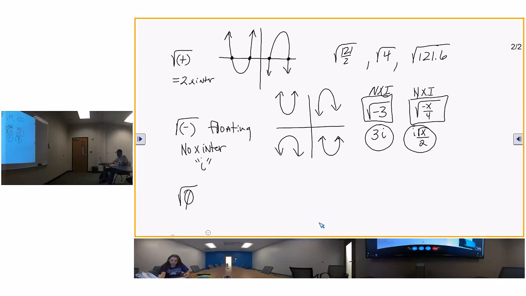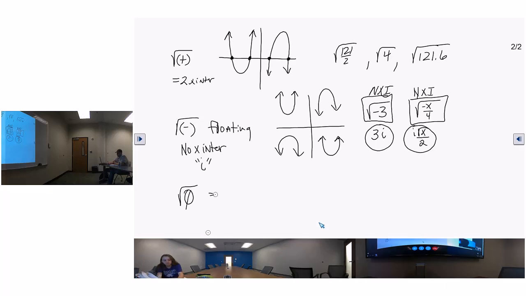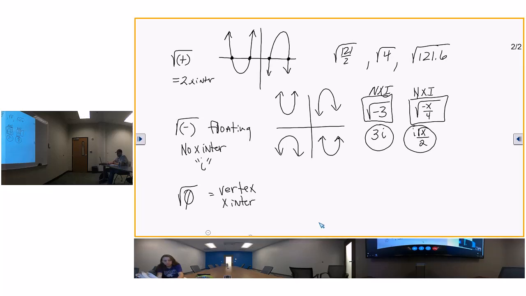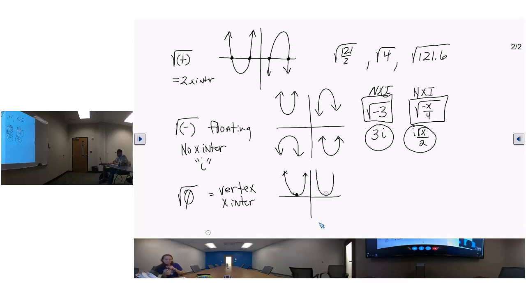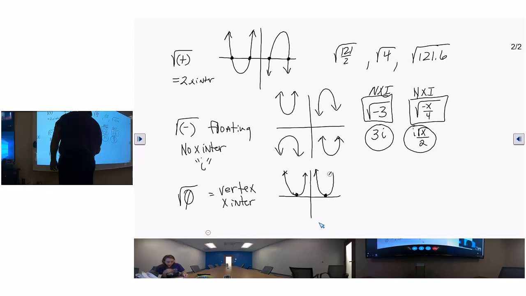And then the last thing is the square root of 0. If you come out with the square root of 0, that means the vertex and the x-intercept are the same number. So it's sitting on the x-axis. So you have this, or you have this. I can't get it to touch it no matter what I tried.